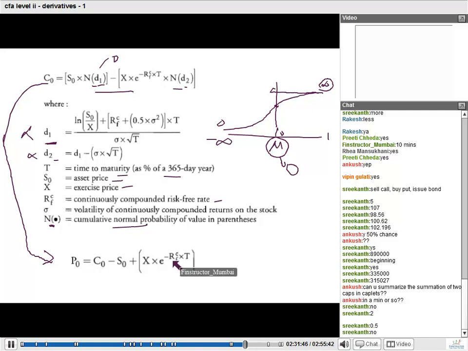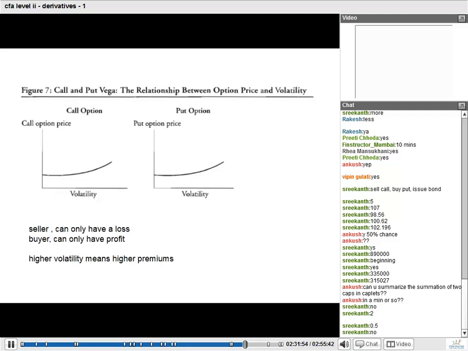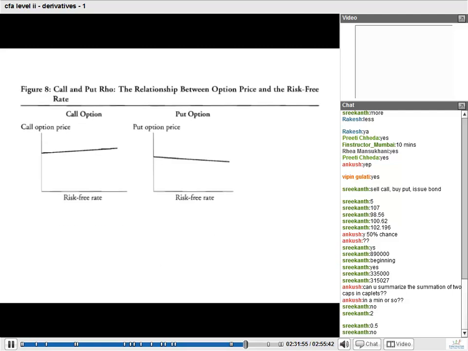So less will be added to the price of a put option. This sensitivity is called rho. It is positive for call options, it is negative for put options. That is, as the risk-free rate increases, the price of a call option will increase and the price of a put option will decrease.